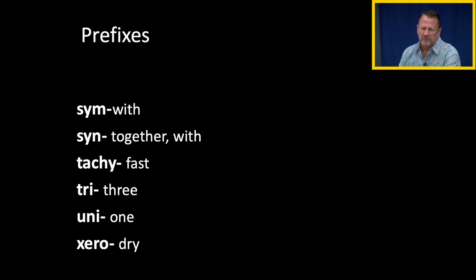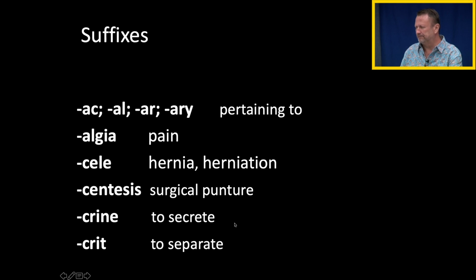Xerography was the first Xerox machine, and rather than writing xerography, they just stuck in X because they were too lazy to write the word out, and that's where the word Xerox came from. Xerostomia means dry mouth. Stomia, mouth, xero, dry, and so we'll see this word as we go through clinical medicine.